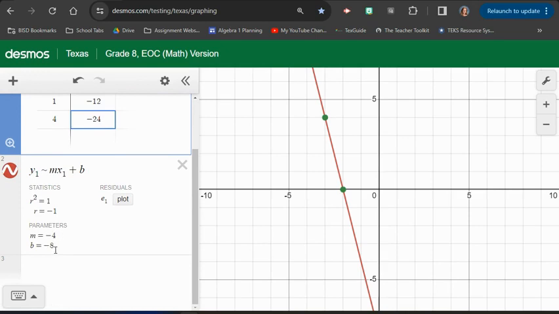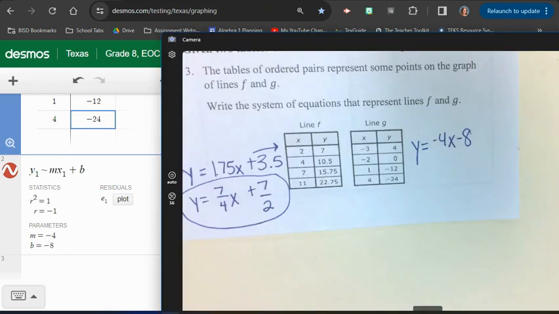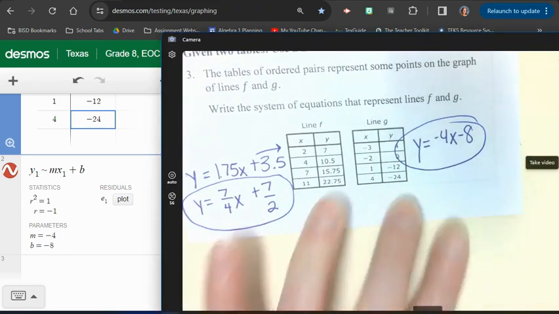Now you have your M and your B. So it's y equals -4x minus 8. So we have our two equations and we are done, right? Those are your two equations.